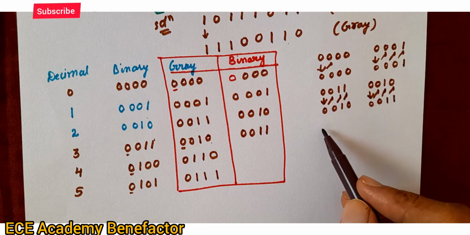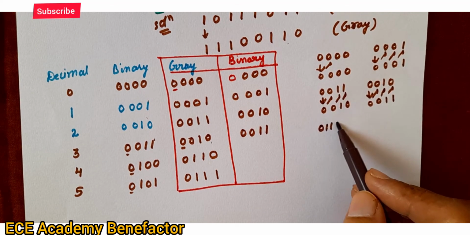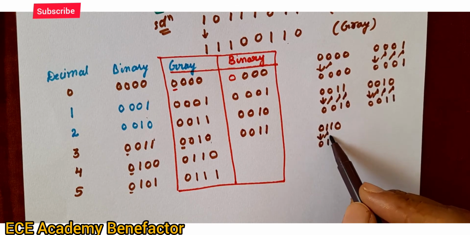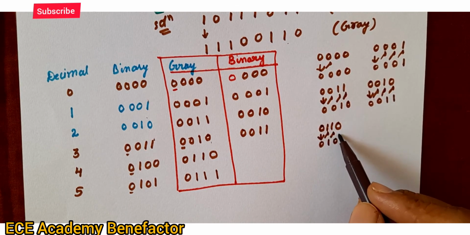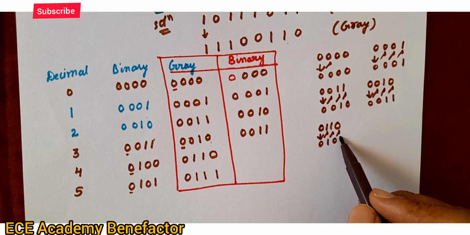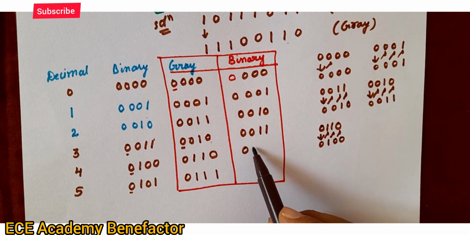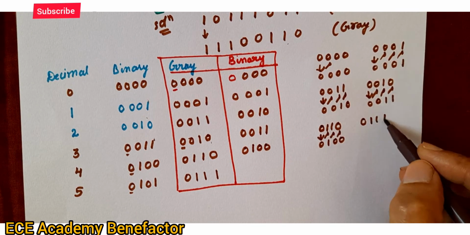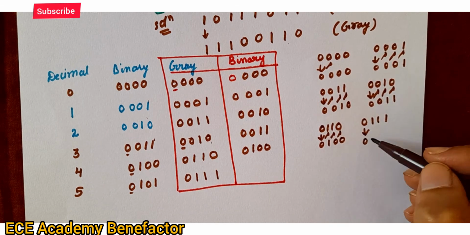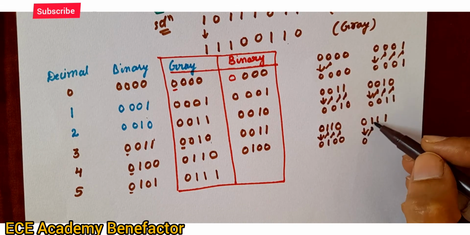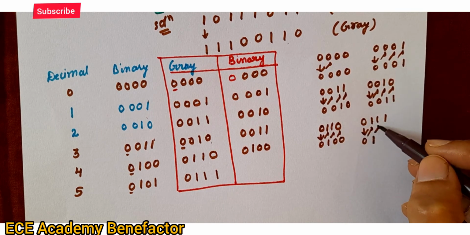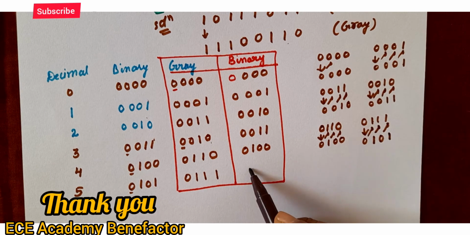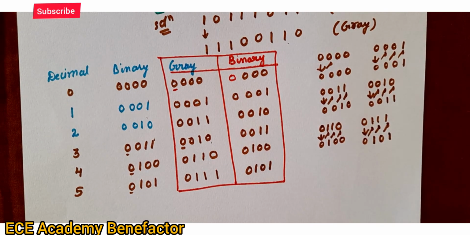Now for this number 0 1 1 0, MSB bit as it is 0, 0 XOR 1 is 1, 1 XOR 1 is 0, 0 XOR 0 is 0. So it will come as 0 1 0 0. Now for this number 0 1 1 1, MSB bit as it is, diagonal XOR addition 0 XOR 1 is 1, 1 XOR 1 is 0, 0 XOR 1 is 1. So we will get 0 1 0 1.